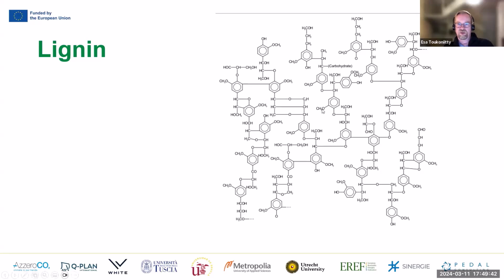But like mentioned, there are these certain aromatic structures that are repeated and bound to each other. So lignin forms this quite complicated, more or less three-dimensional network of molecules. So this is a very large and complicated monomer network.